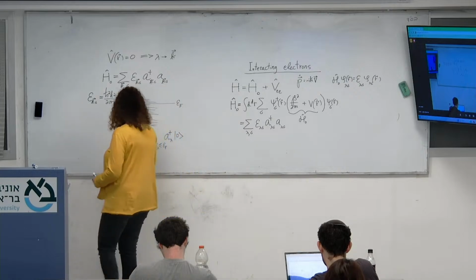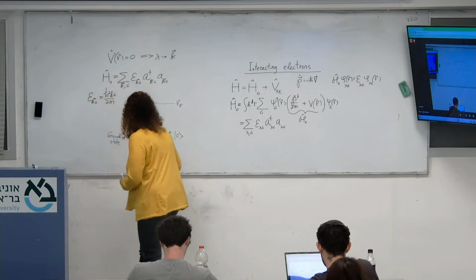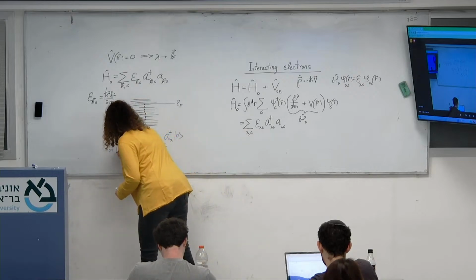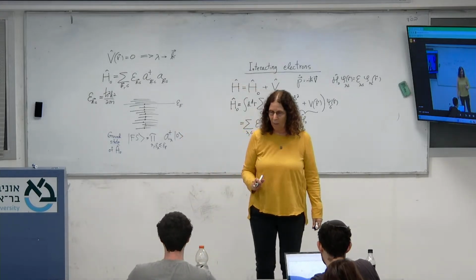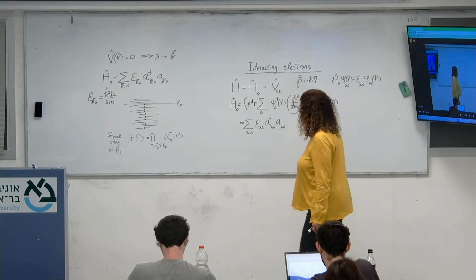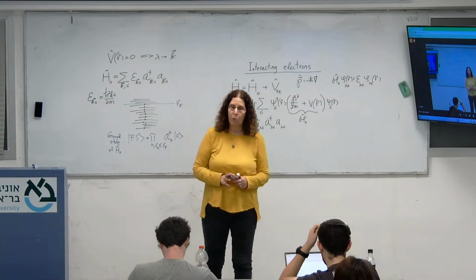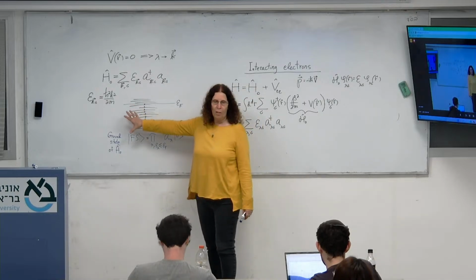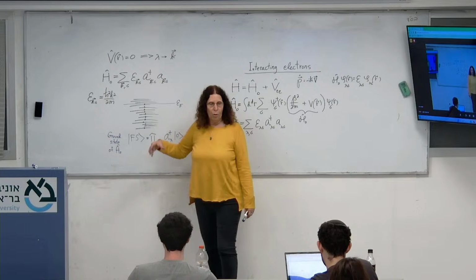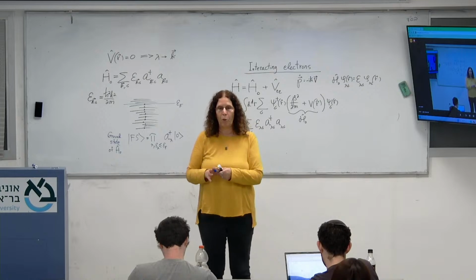So that's the ground state. The ground state of H naught. It is not necessarily the ground state of the interacting system, okay? But it's the ground state of H naught, and if the interactions are small, and we want to do perturbation theory, then we can use it as a reference state on which we calculate the matrix elements of the interactions that give us the perturbation theory, right?